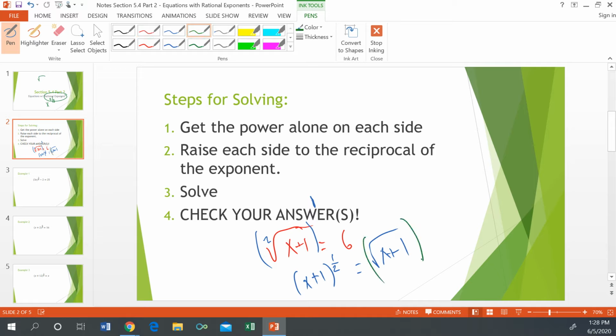You can go back and check. 3 times 27 is 81. The 4th root of 81 cubed: the 4th root of 81 is 3, 3 cubed is 27, minus 2 is 25. Check. It works. So again, nothing crazy about this stuff.